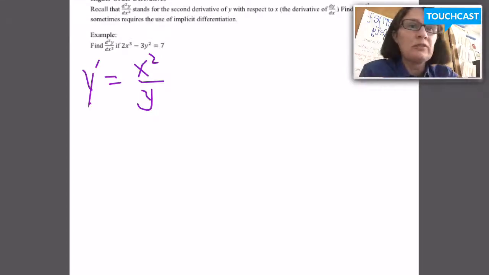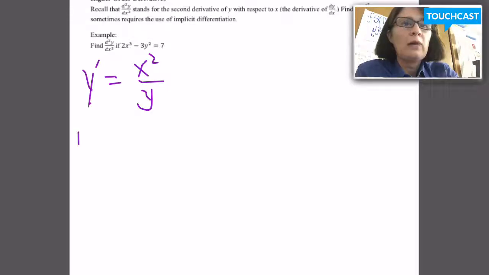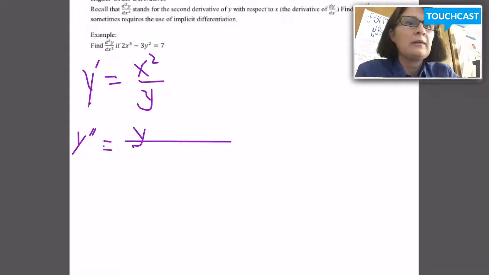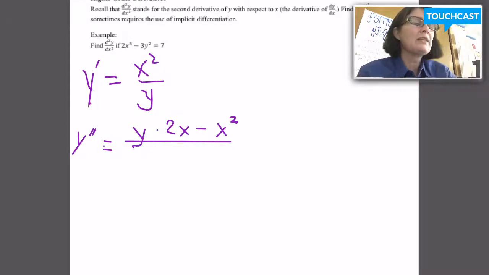So to take the derivative, which I'm going to call y double prime, I'm going to use the quotient rule. It's going to be low, which is y, times d high, which would be 2x, minus high, which is x squared, over d low. So think about what that means.